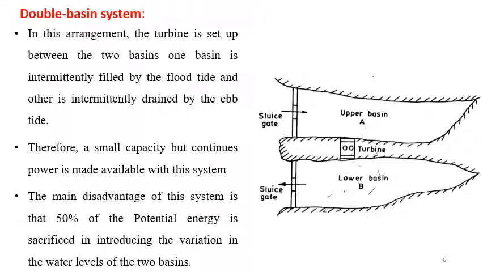One is ebb current tidal power, the second one is flood current tidal power, and the third one is double flow tidal system. And in double basin arrangement we saw only one type, that is the double basin, where two basins are arranged. So with this I will stop this presentation.